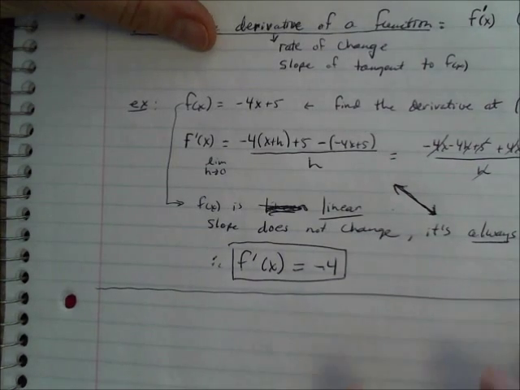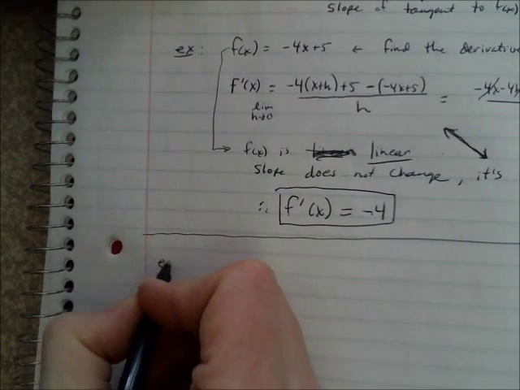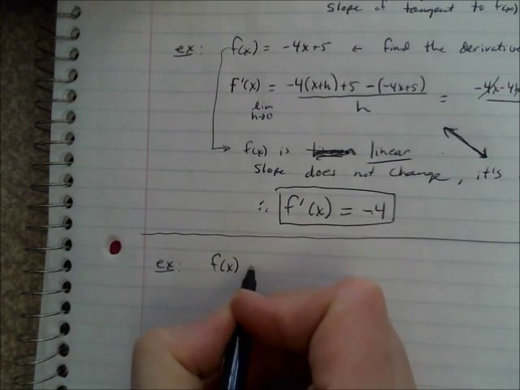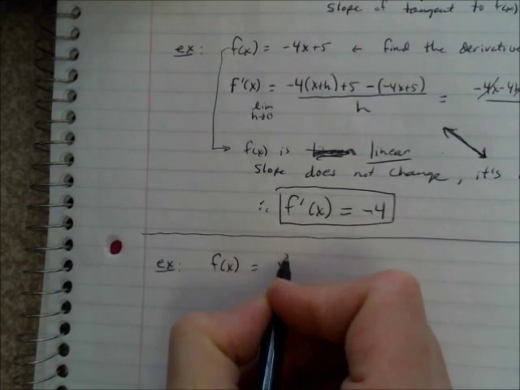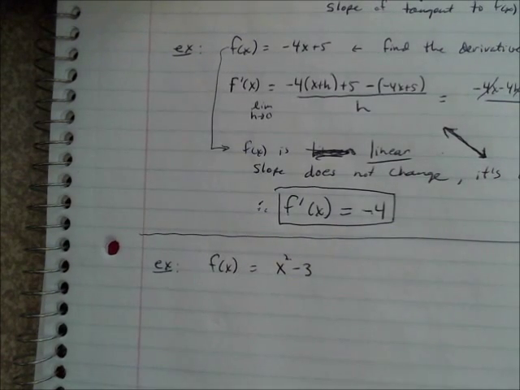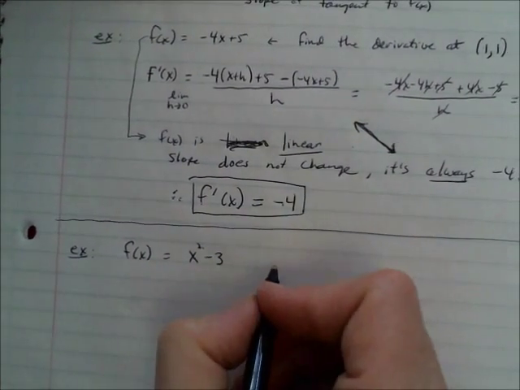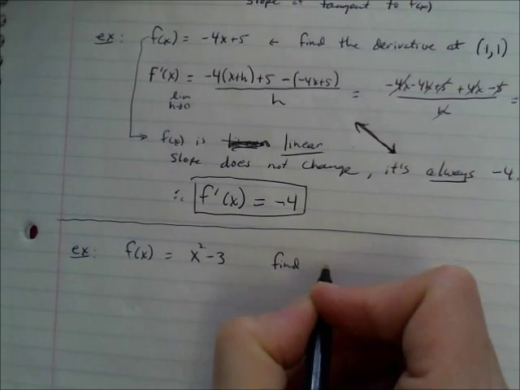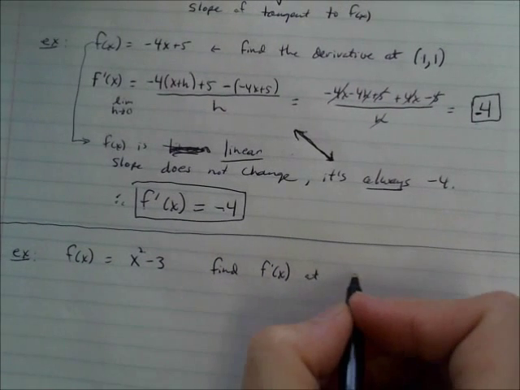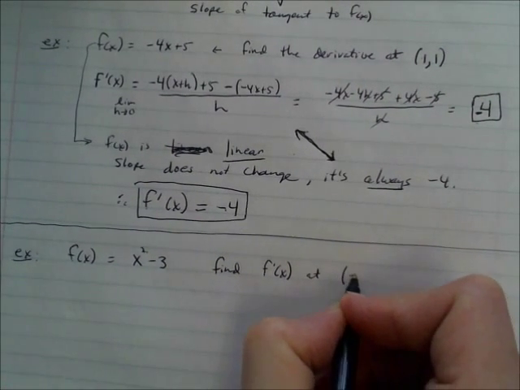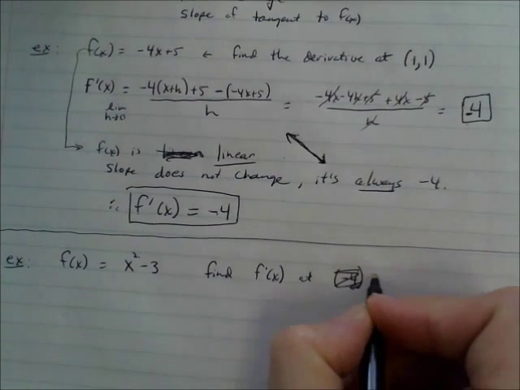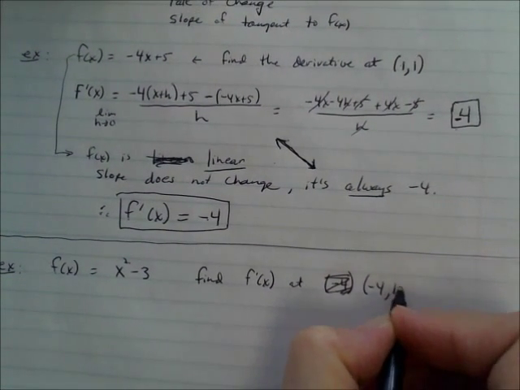That's a linear case. Let's get to a quadratic case. Let's say f of x is equal to x squared minus 3. And I want to find the derivative at a point, let's say I put in -4, 13.